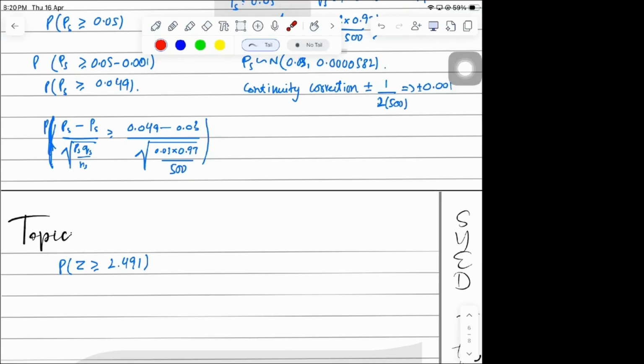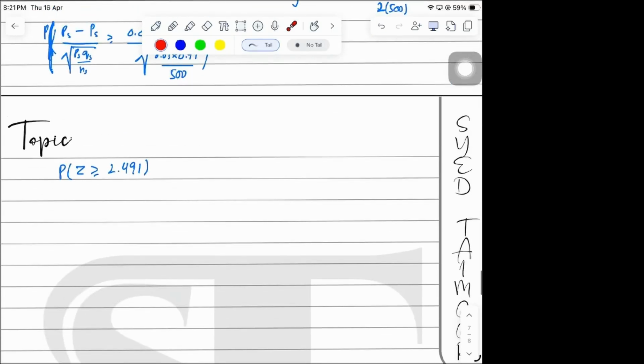Do I find this on the table? Yes, this one, 2.49. You have to go for the right hand side, so it means you need to subtract that one from that one. Let me do it according to the condition.